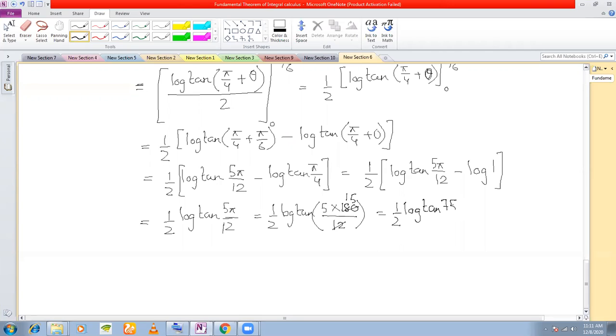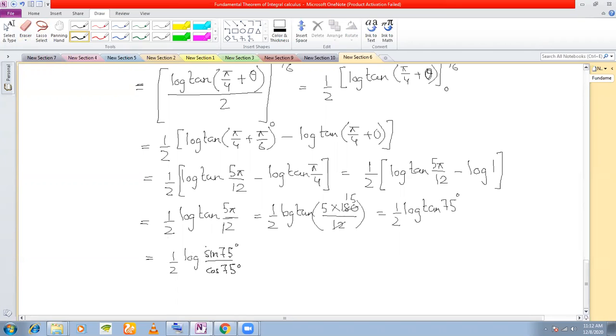And tan 75 degree, you know what it is? How do you calculate it? That will give you cot. Sin 75 degree by cos 75 degree.